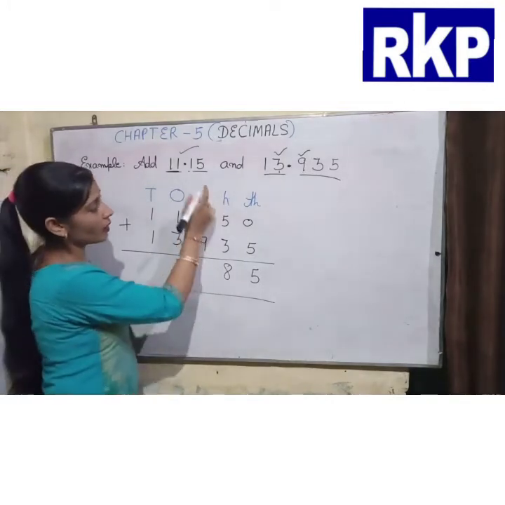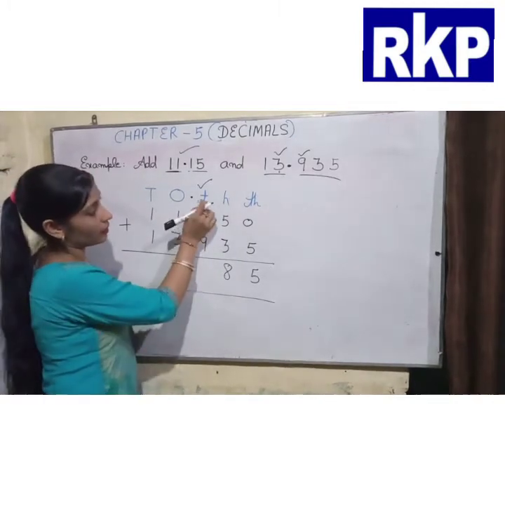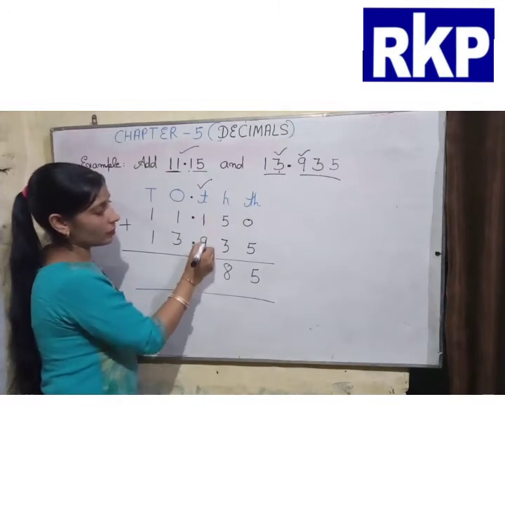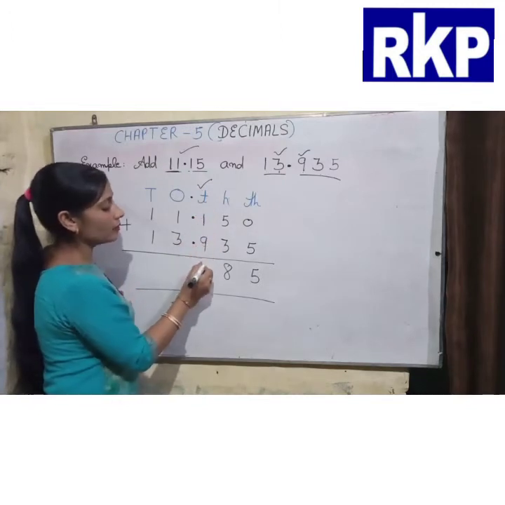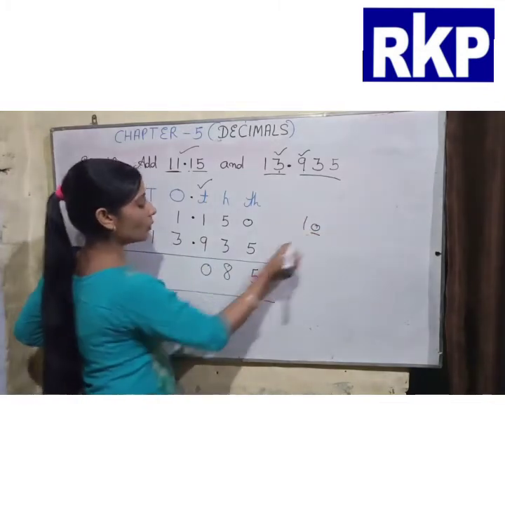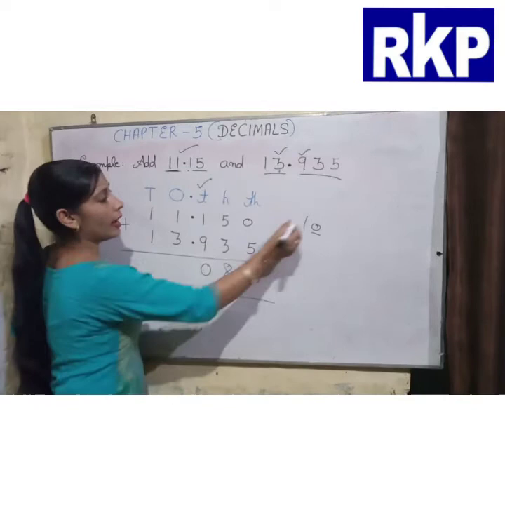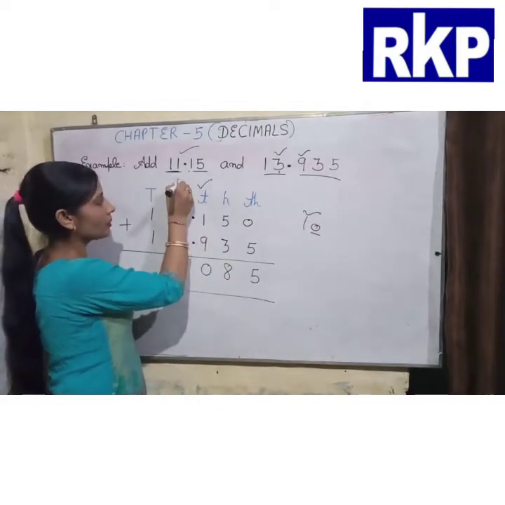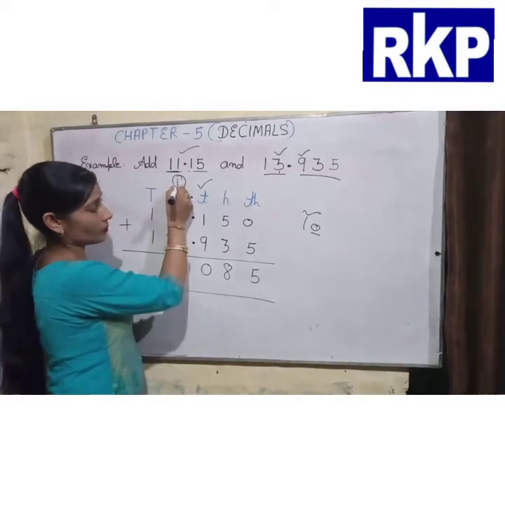Now comes the next place, the tenths place. Here we have 1 and 9. When we add 1 and 9 we will get 10. Okay, 10. So we write 0 here and 1 will be carried. So we write 1 here.